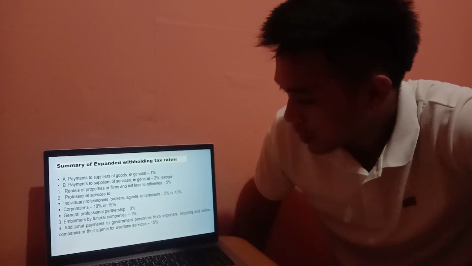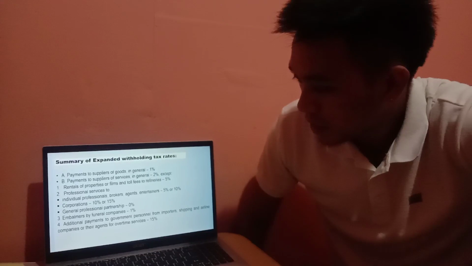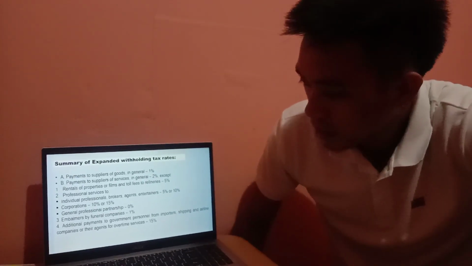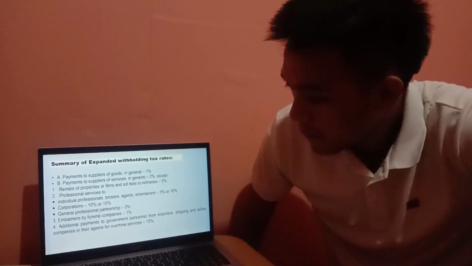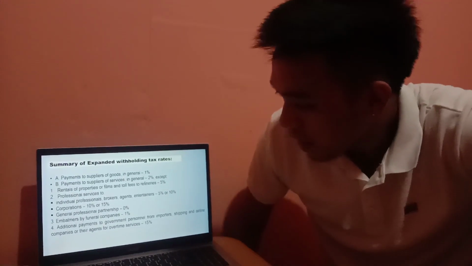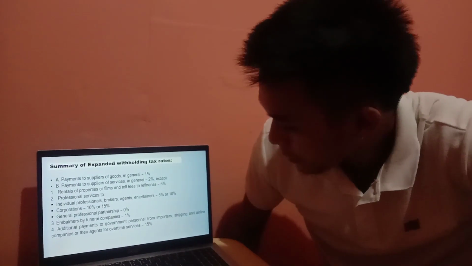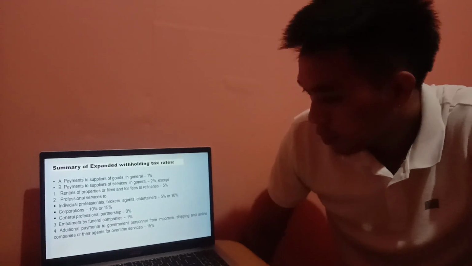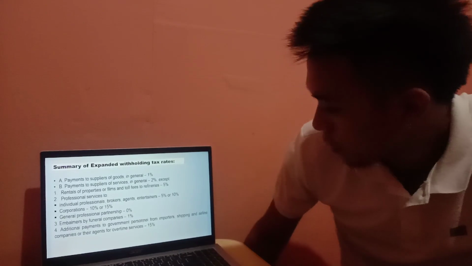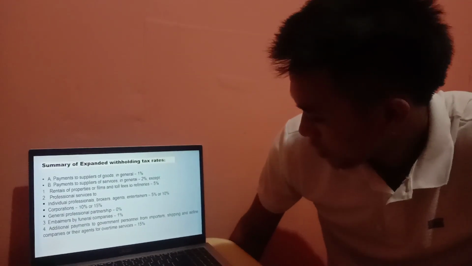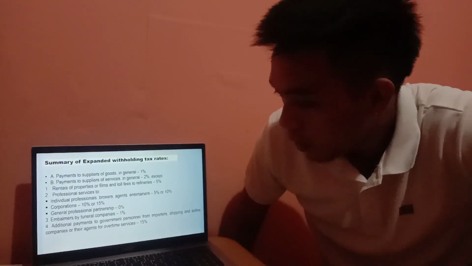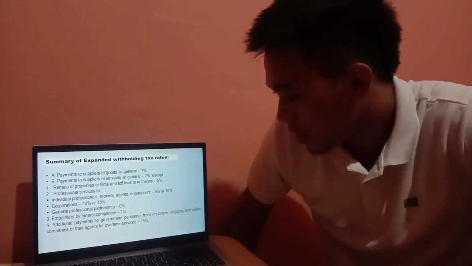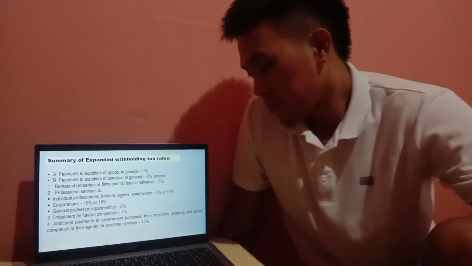Corporations 10% or 15%. General professional partnership 0%. Embalmers, funeral companies 1%. Additional payments of government personnel from importers, shipping and airline companies or their agents for overtime services 15%.